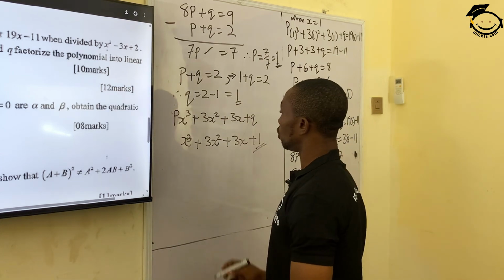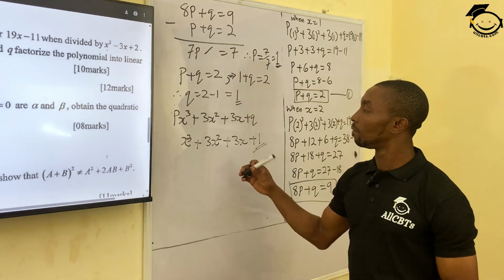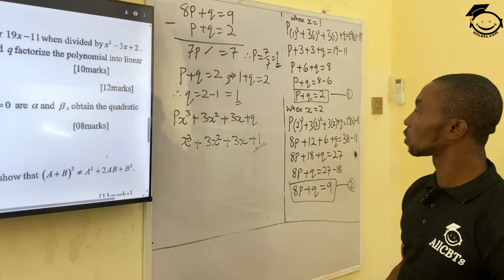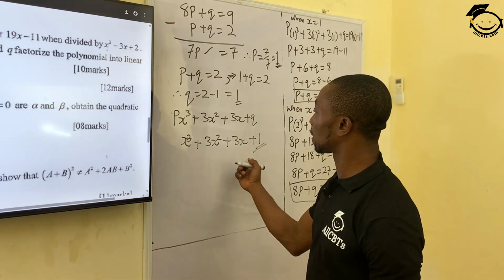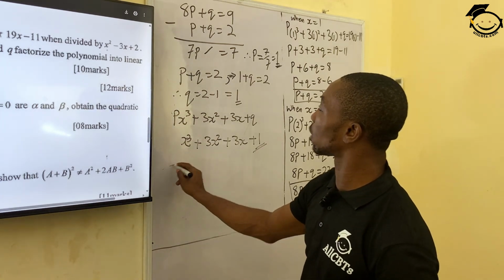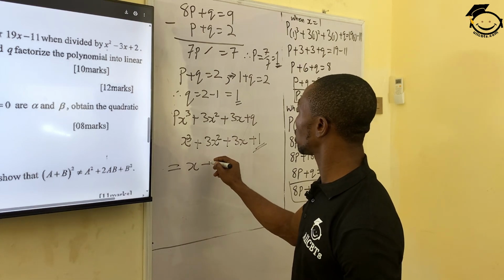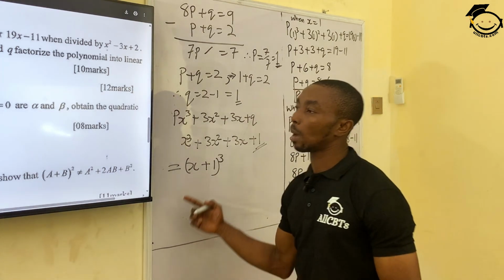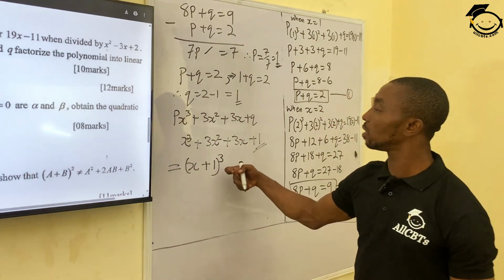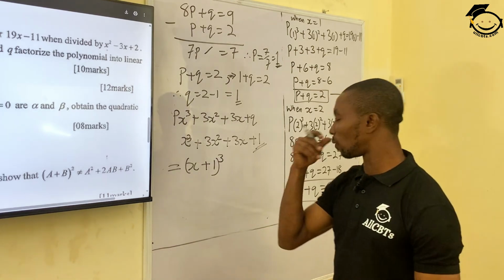Now, they said we should factorize this equation to give us linear factors. Mathematically, if we do this, our answer should give us x plus 1 raised to power 3. I'm going to go ahead and expand this to see if we actually get this as a proof.